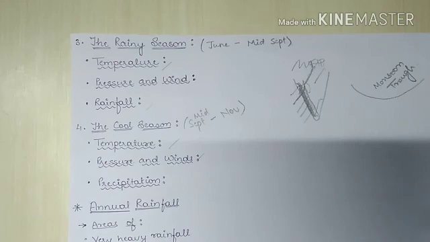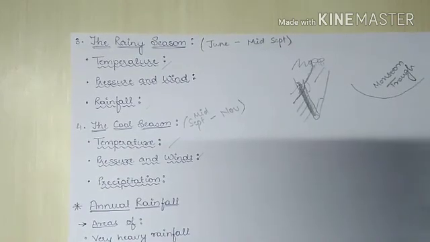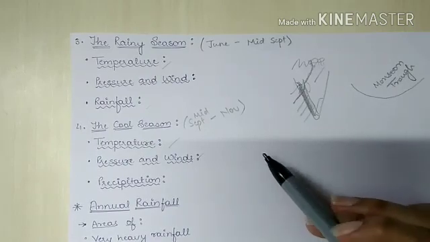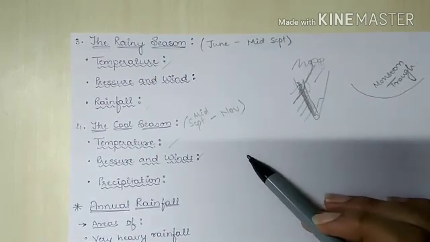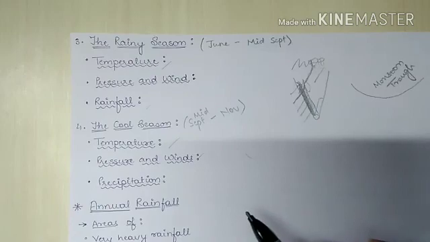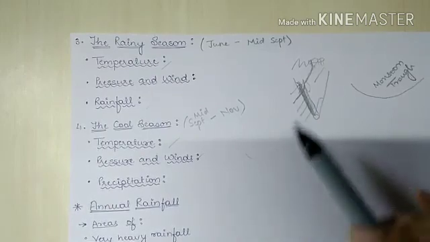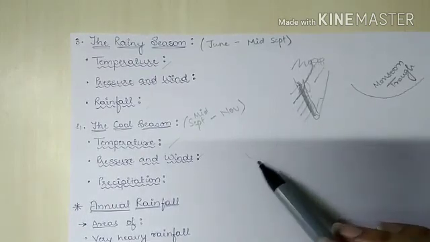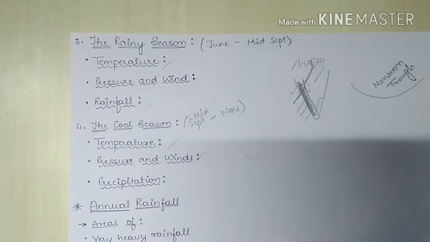This low pressure gradually shifts southward, and by October it reaches the Bay of Bengal. Because we have quite a good amount of rainfall in the rainy season before, the low pressure gradient is removed and shifts southward.